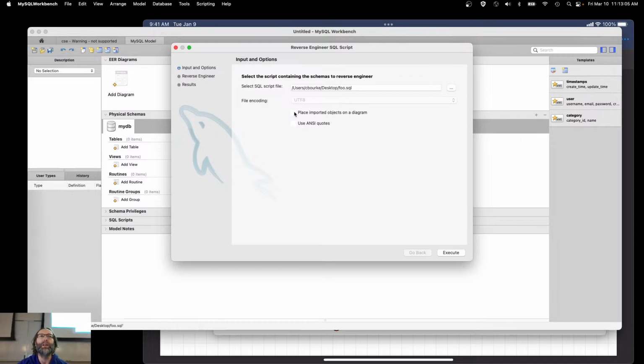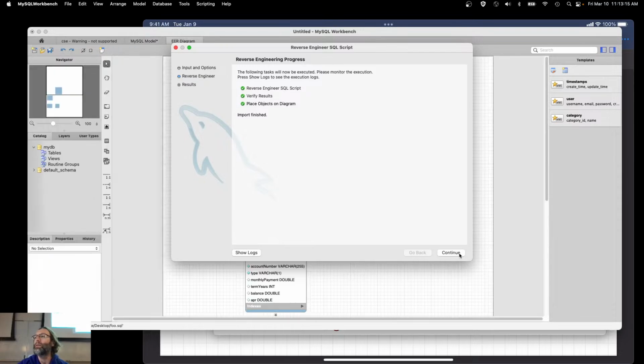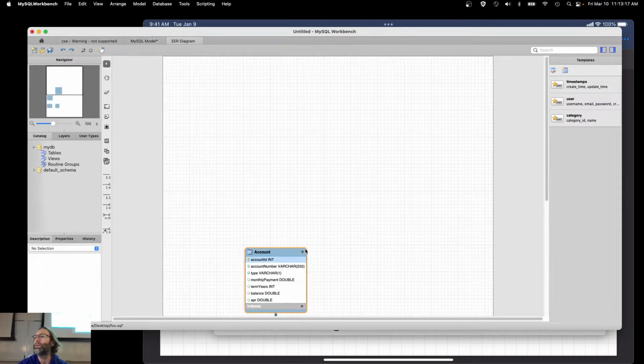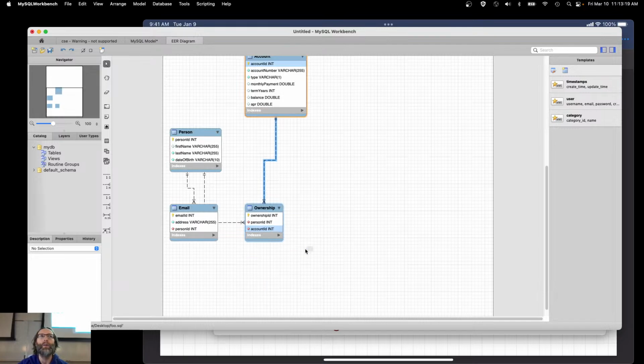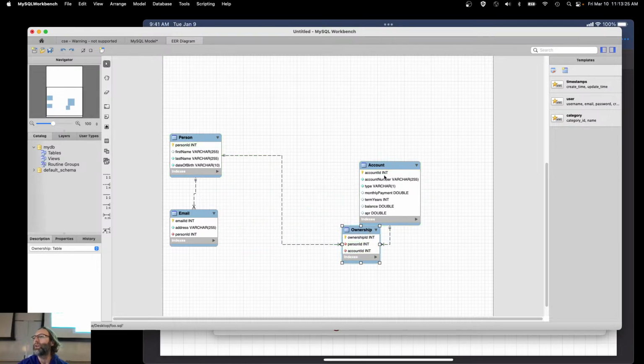There's a checkbox here. You can't see it very well, but it says, place imported objects on a diagram, an ER diagram, an entity relation diagram. Execute that for me, please. Continue. Close. Ooh, that almost looks nice. Let me move that around. There's account. There's ownership.